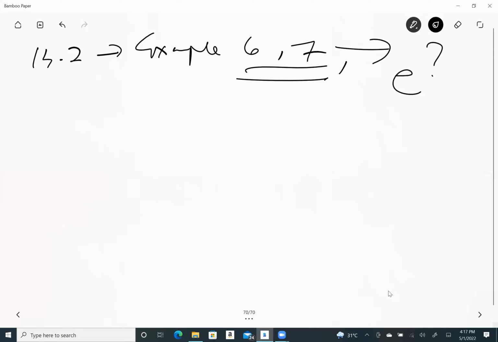Now, I didn't do this one. So after I finish this chapter 13, I will spend some time doing the derivative and the integration of the term e, so that we can look at examples like income, future income, present income.